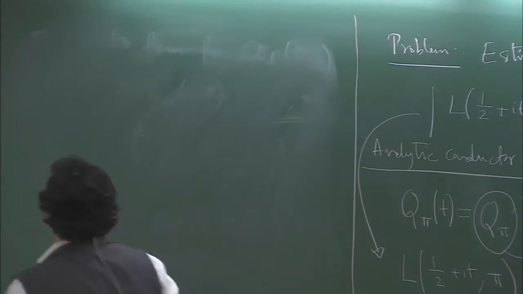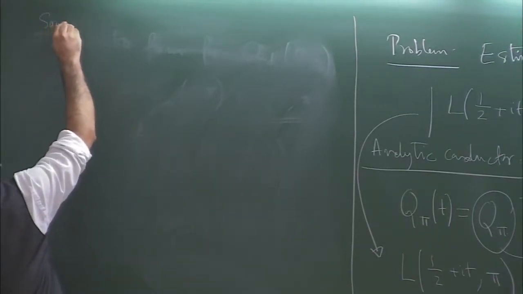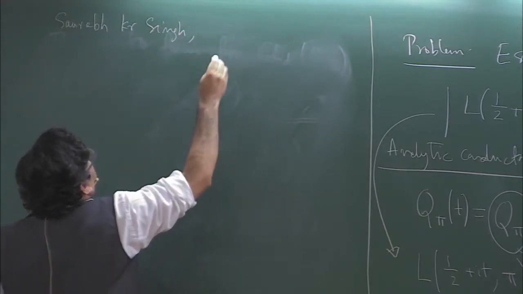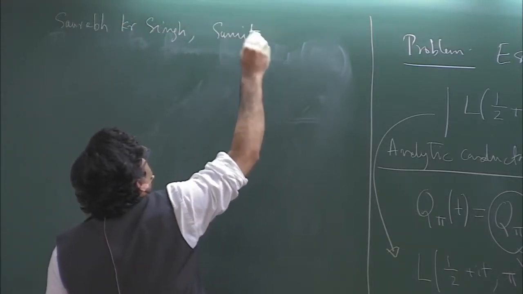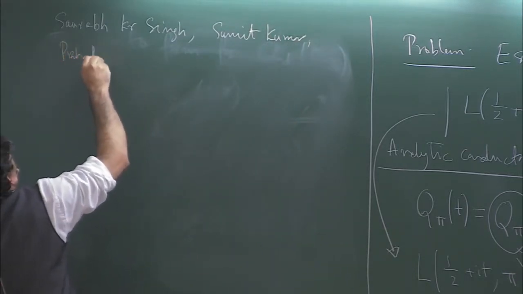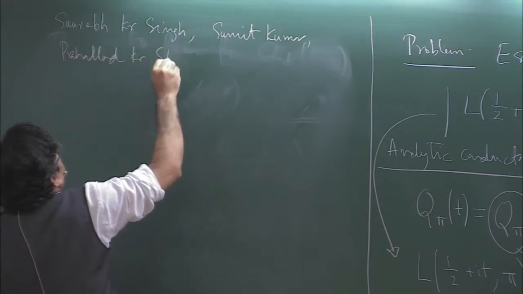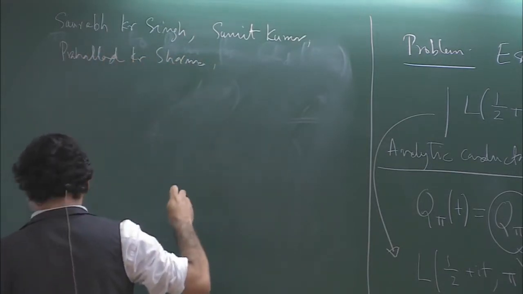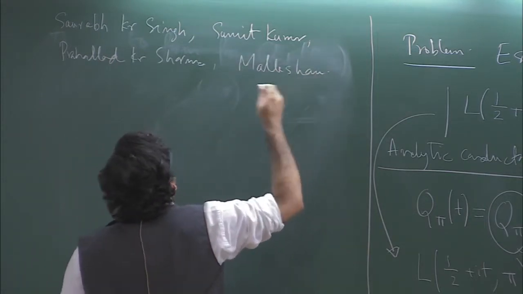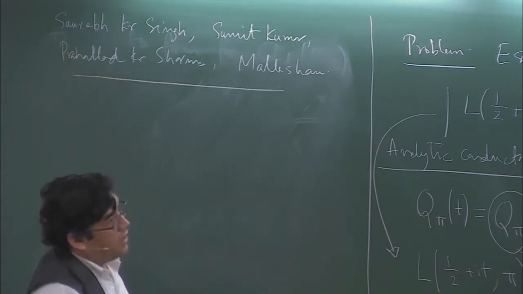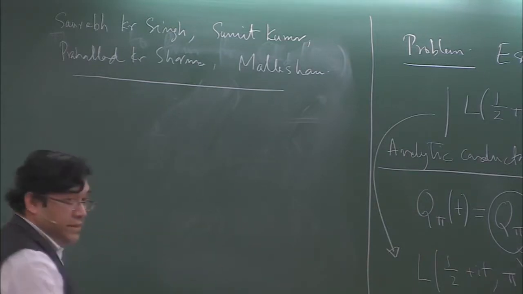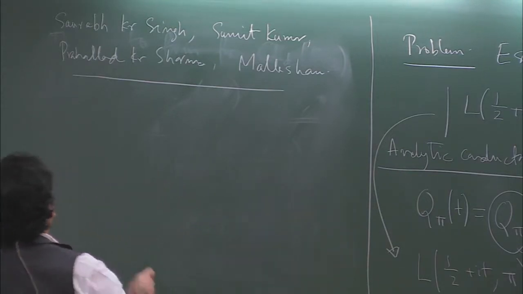The people involved are Saurav Kumar Singh, Sumit Kumar, Prahlad Kumar Sharma, and Malesham. So this is the ISI gang, and they're proving the following things. They have worked out the details. They're just writing it down now.